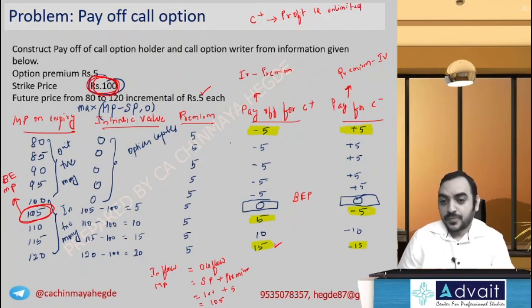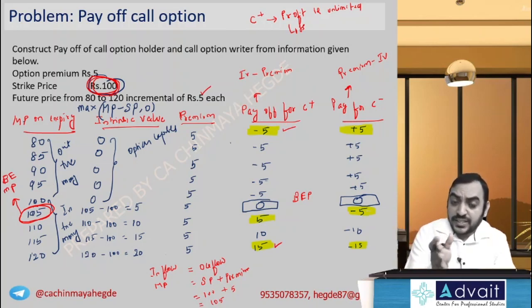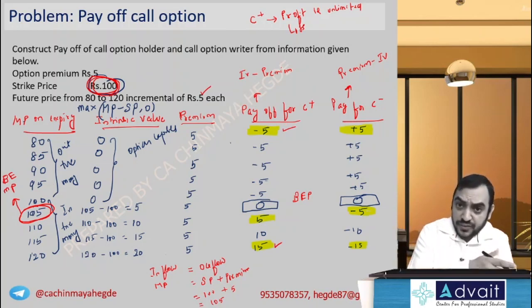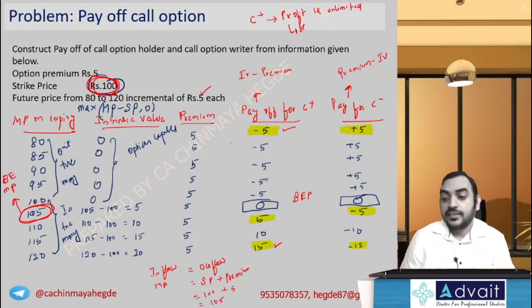Now, what about loss for the holder? When the market price is down to 80, we got a loss of 5. What if the market price comes to 75, 70, 65, 60, 55, 40, 30, 20, 10? Whatever may happen, loss is limited to the premium.